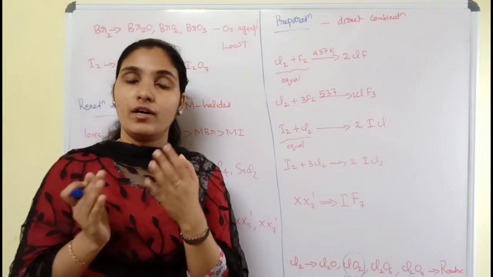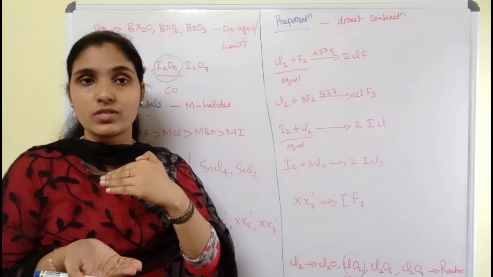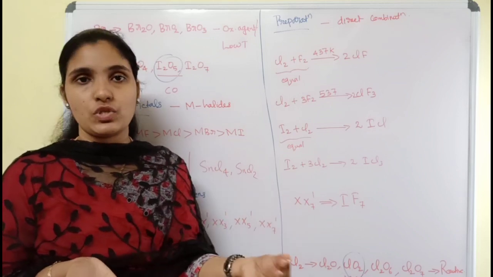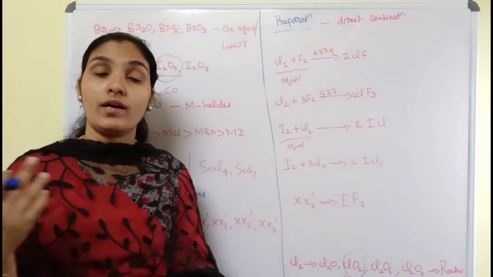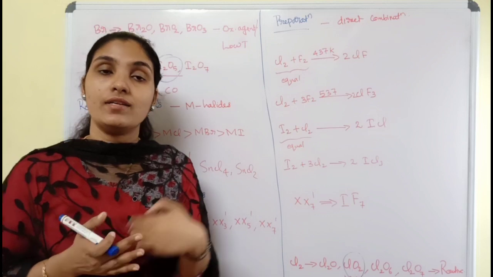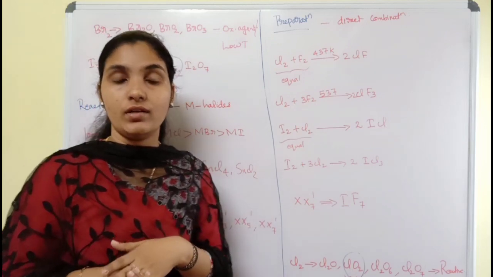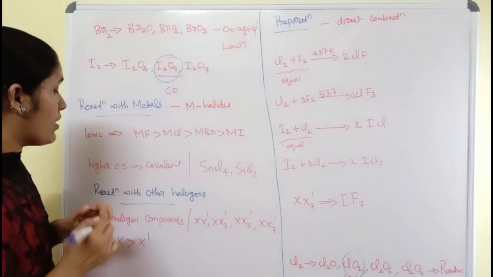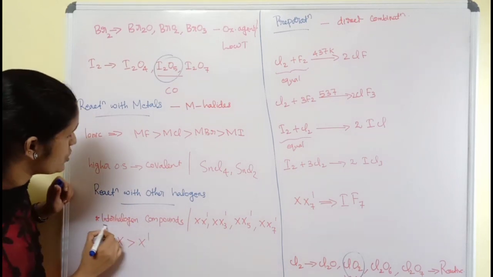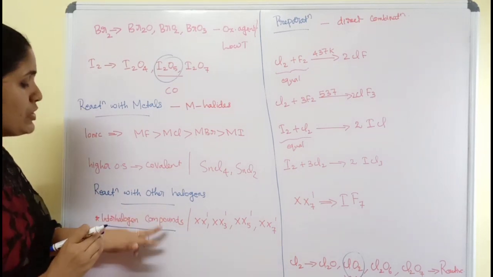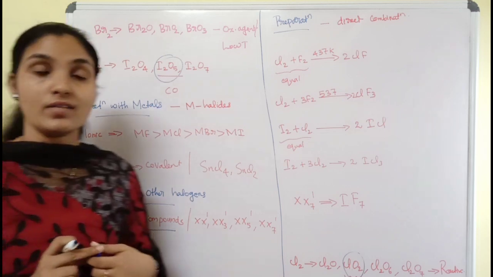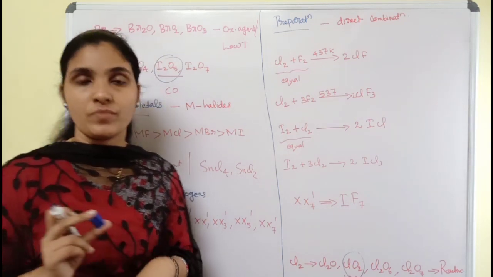Next is reaction with halogens. Is it possible for halogens to react with other halogens? Of course, one halogen can combine with another halogen, and when they combine with each other, they form interhalogen compounds. When halogens combine with other halogens, the resulting compound is known as an interhalogen compound.